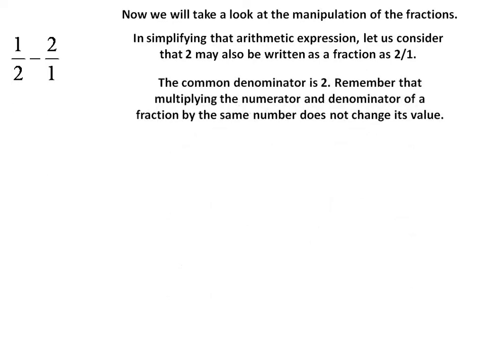Remember that multiplying the numerator and denominator of a fraction by the same number does not change its value. So multiply both numerator and denominator by 2 in order that the denominator can be 2. But what will happen? The numerator will be 4. So we have 1 over 2 minus 4 over 2. The denominators are the same. We will just simplify by manipulating the numerators. 1 minus 4 is negative 3. So negative 3 over 2, and we have simplified that.